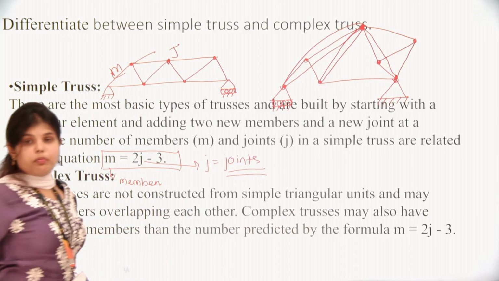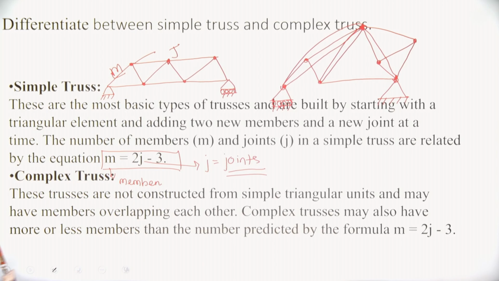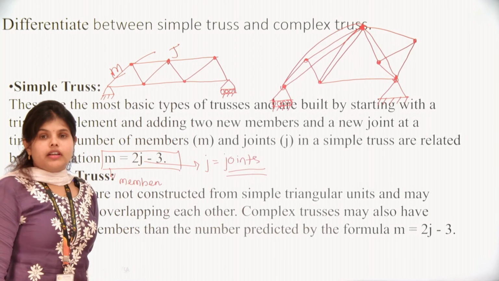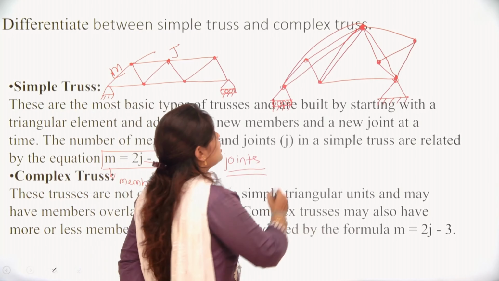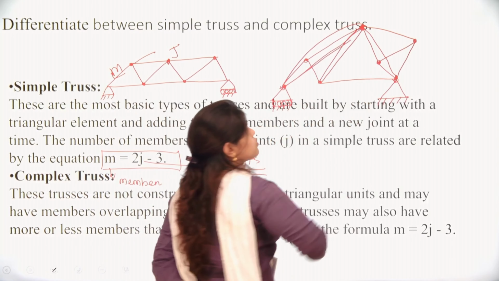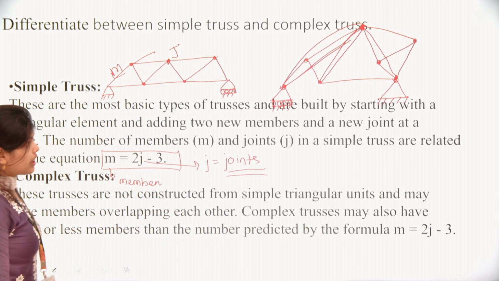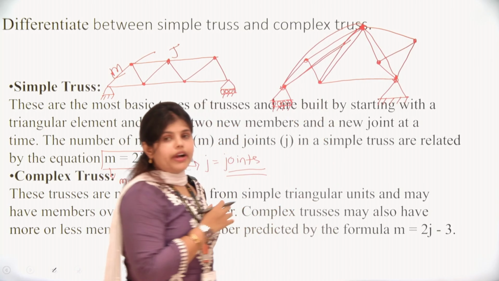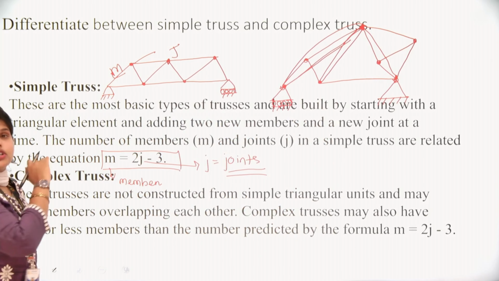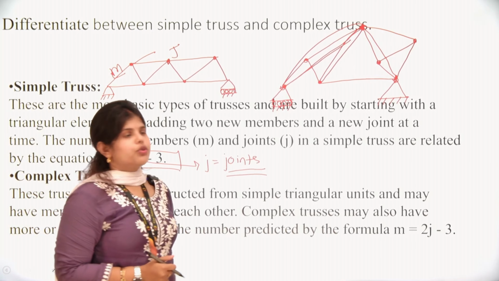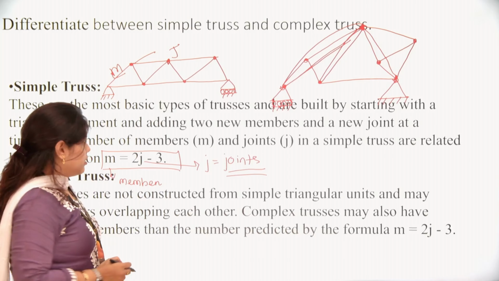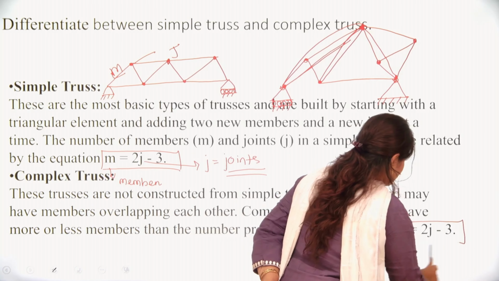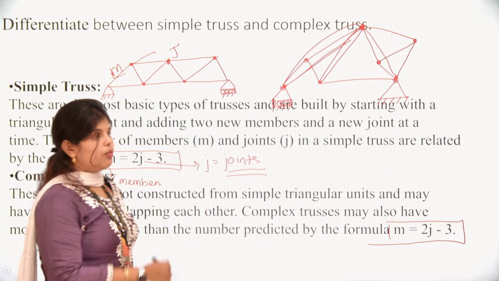A complex truss will look like this when the members and the joints are not properly visible. You can see the overlapping structures here, and it will look more complex when you cannot tell whether it is a simple truss or a compound truss.